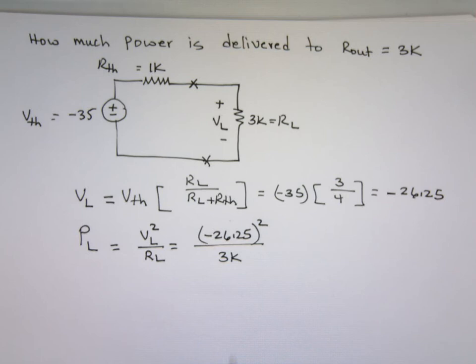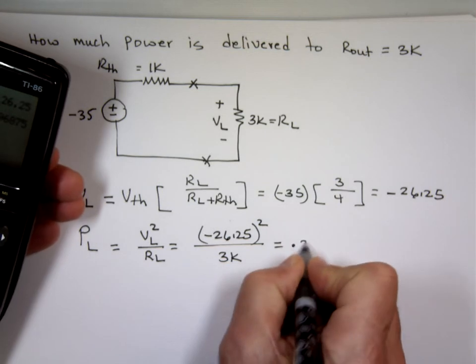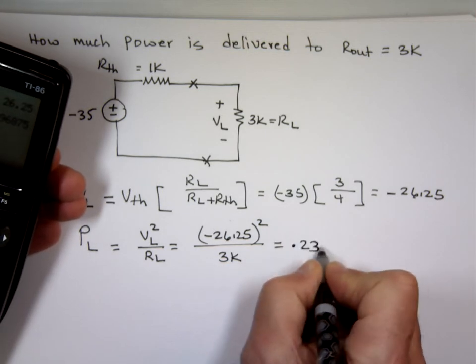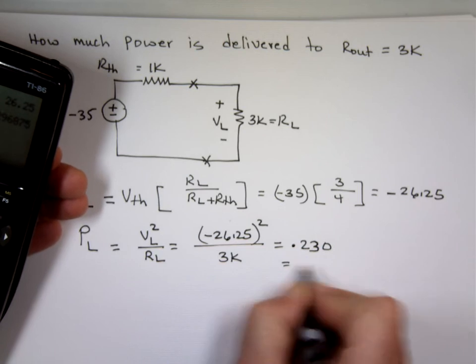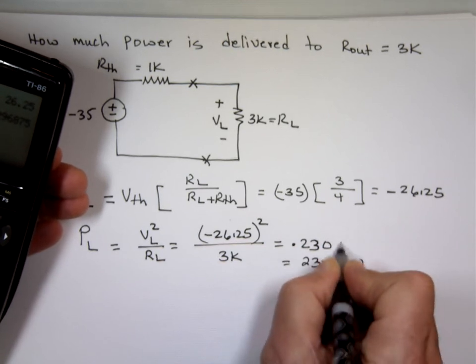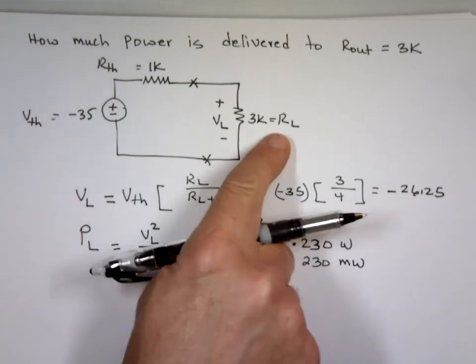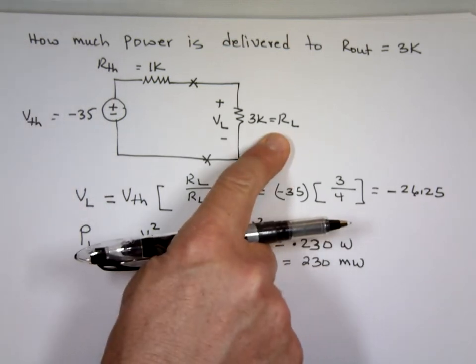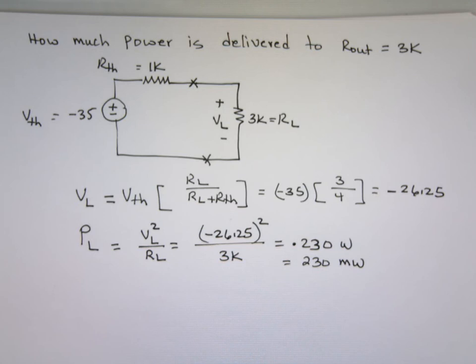And this one is 0.230 roughly, or 230 milliwatts. Why is it over 4 this time? That resistor is 3 now. The other one, we derived it. I'll come back and explain that after I finish with this one.